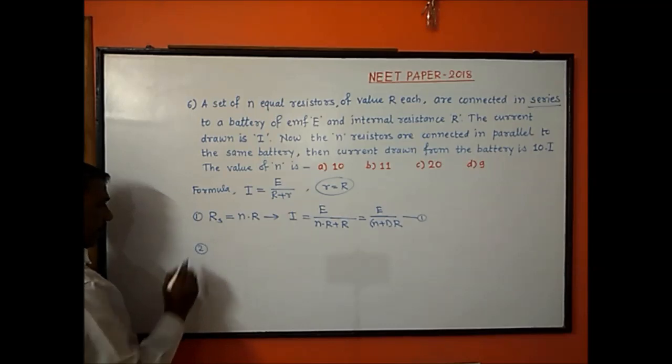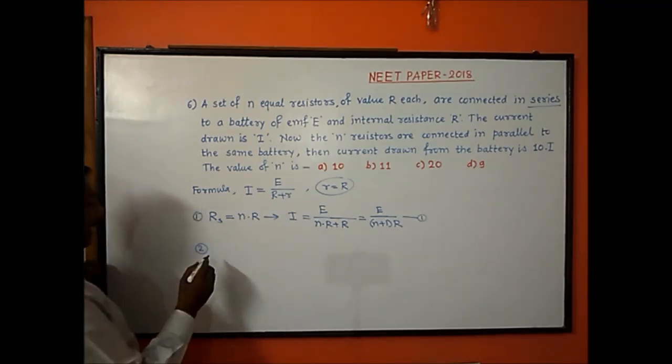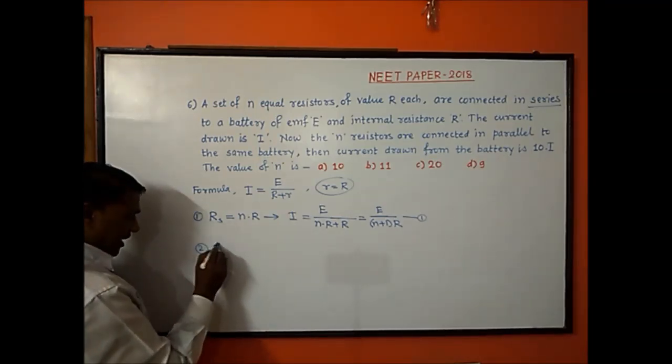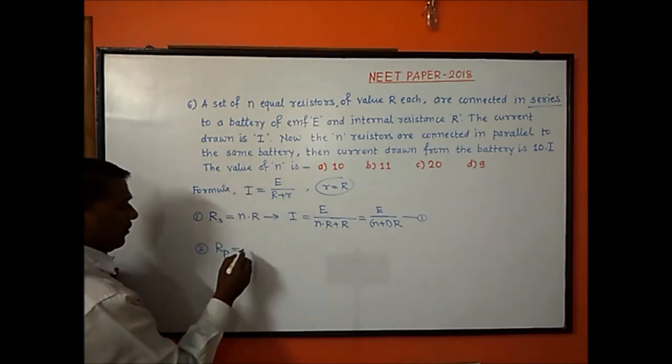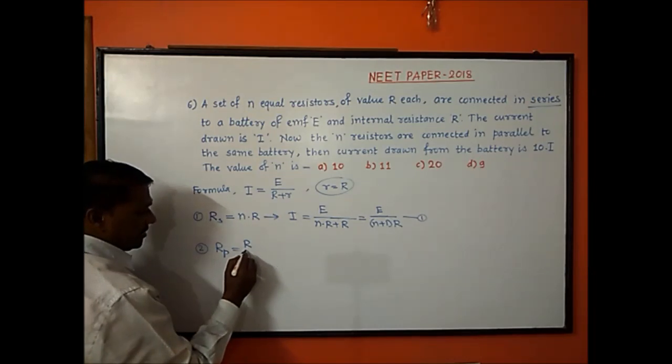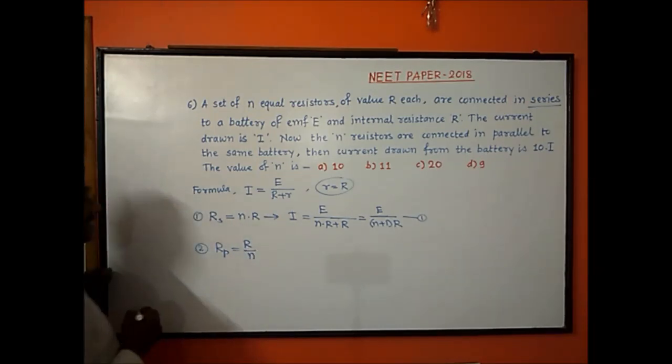Now second, when resistances are connected in parallel, as the resistances are equal, the equivalent resistance is R upon n, as it decreases.